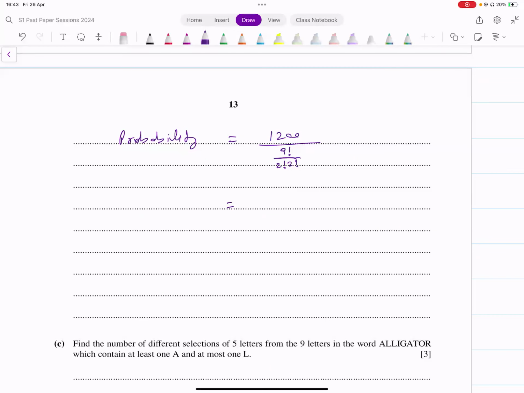Okay, what do we get? 9 factorial divided by 4, and then 1200 divided by that number. That's 5 over 378. This is what the probability turns out to be. In decimals, that is 0.0132. Make sense?